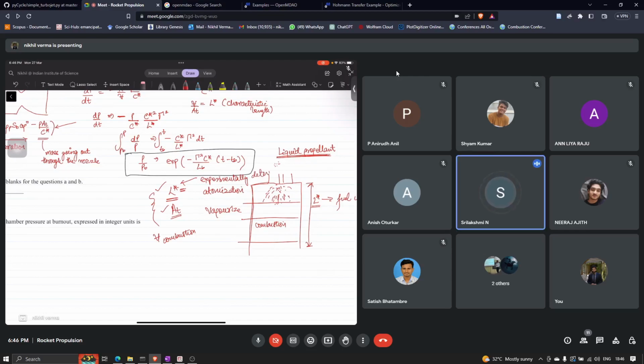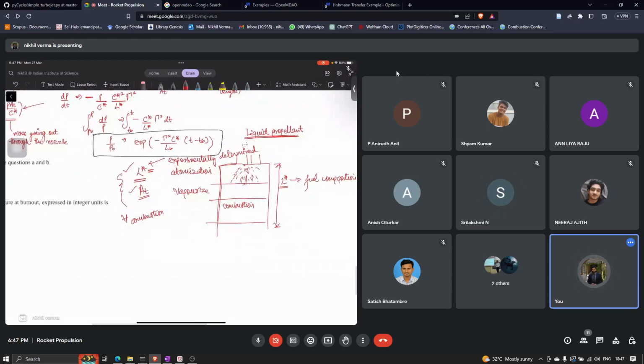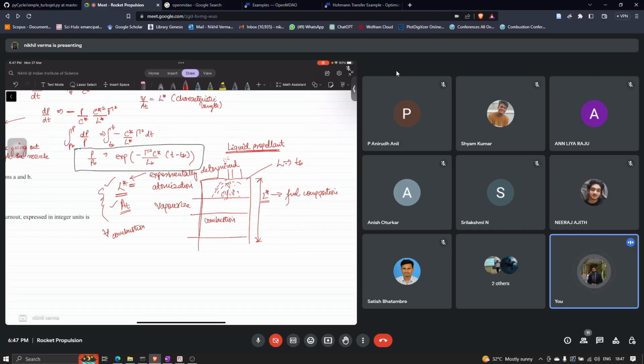Okay. So L star will always be greater than L, right? Okay, what do you mean by L? The length of the grain, or both are not related? No. L depends on your burnout time. If you have an end burning grain, your L depends on your burnout time.